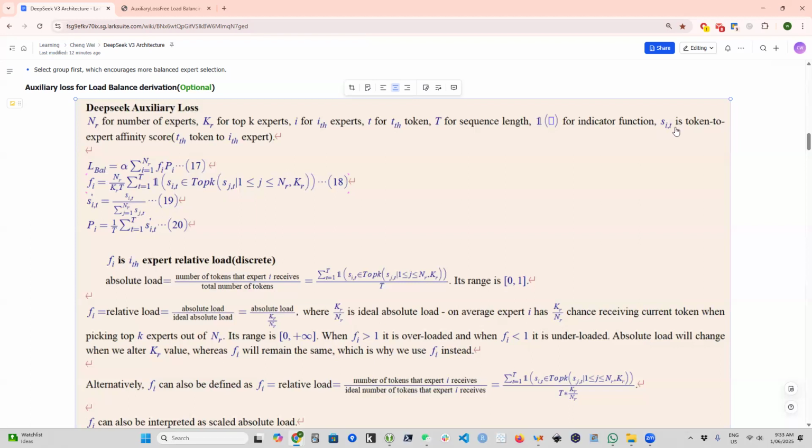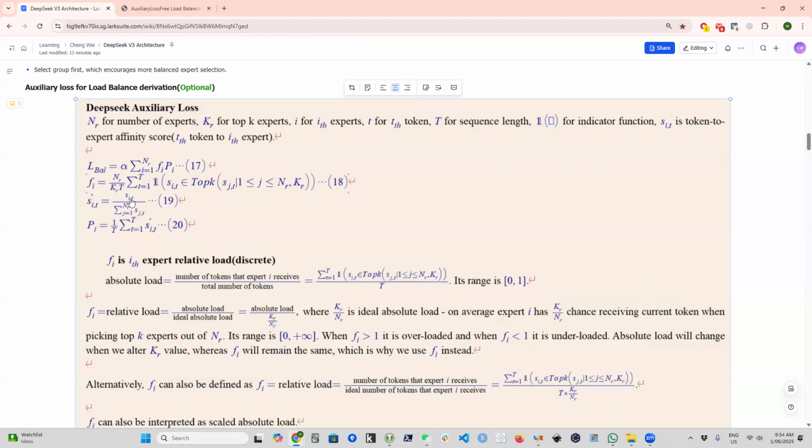And s_i,t is the same as we mentioned before, the affinity score for token to expert. It's a score. So this one we already understand. This is the affinity score for the t-th token to the ith expert, right?